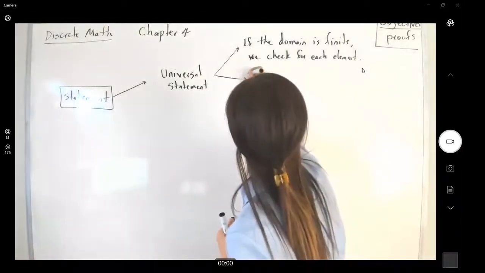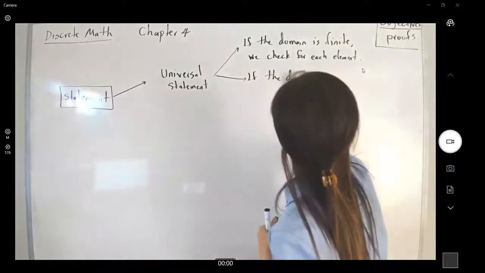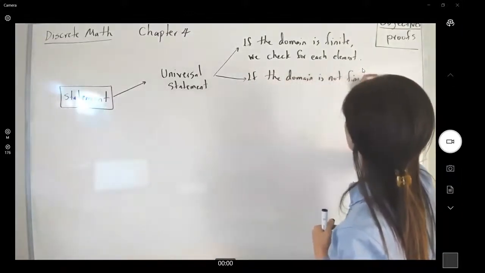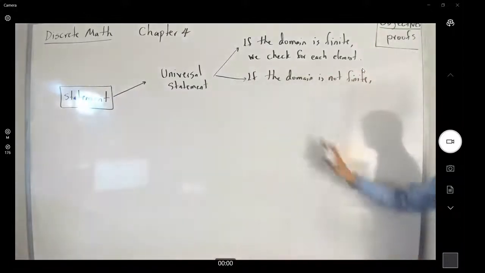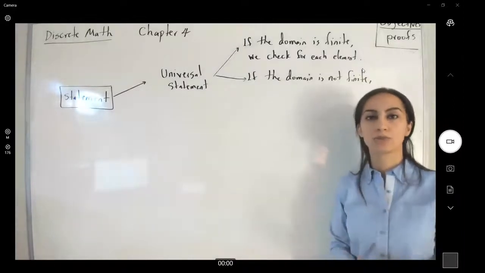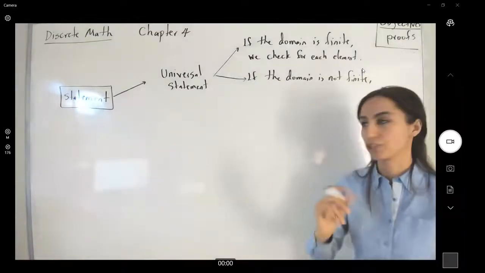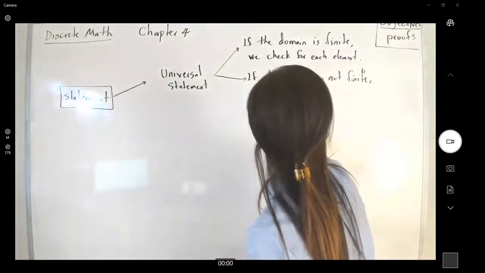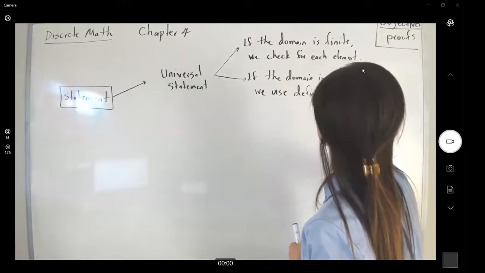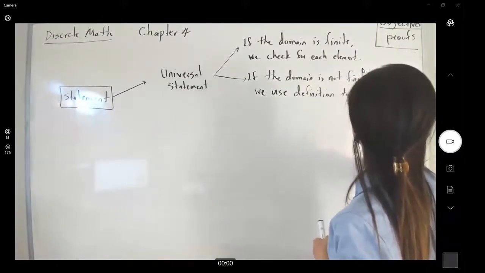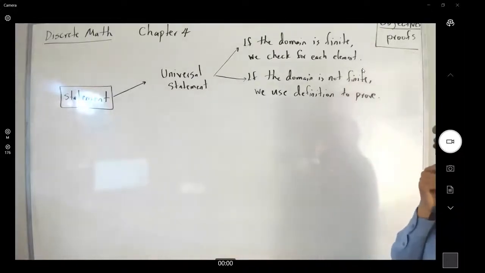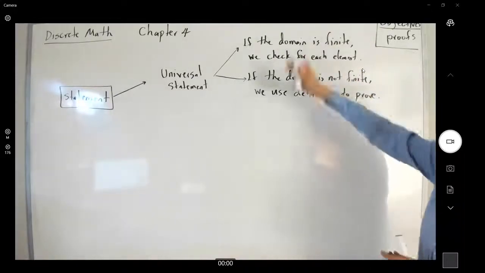If the domain is not finite, then what are we going to do? One of the methods is to use direct definition. We use definition to prove the statement. Well, so far we tried to prove.